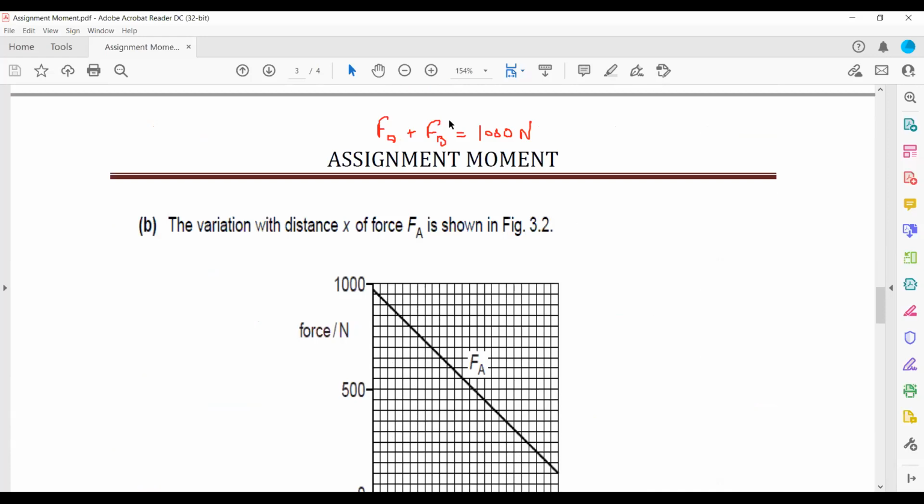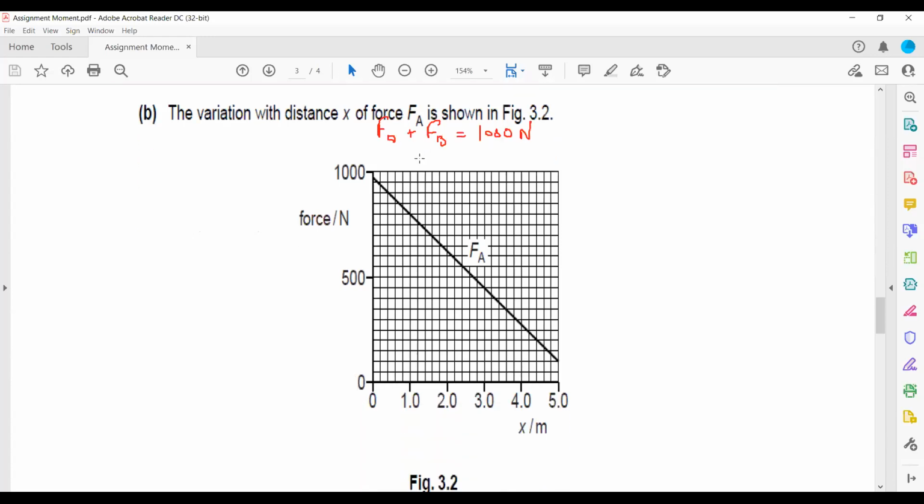Out of 1080, if 950 is FA, then 1080 minus 950, it will be about 130. So the value for FB will be about 130, like you can start to mark somewhere here.